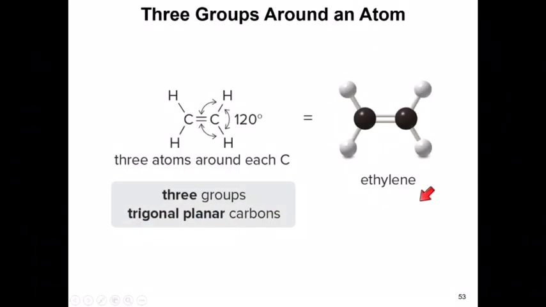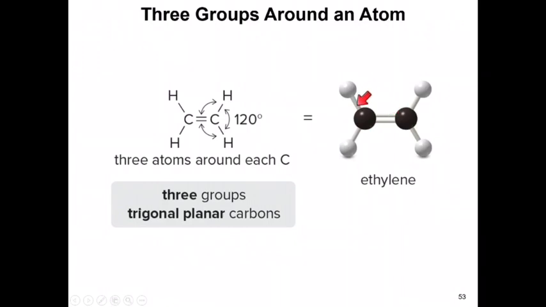Shown here is the molecule ethylene. This is the ball and stick model of this molecule, and this is the Lewis structure for ethylene. As you can see, we have 2 carbon atoms, and both carbon atoms are central atoms. If you look at each carbon atom, let's say this one on the left, you can see that it has a total of 3 electron groups.